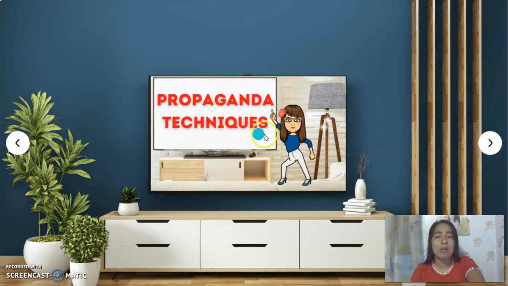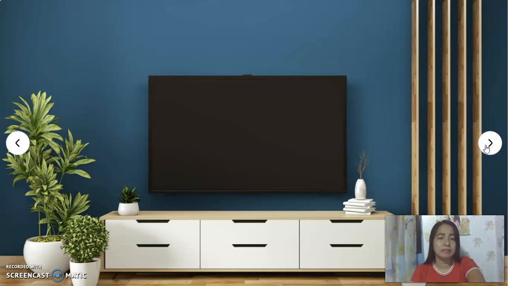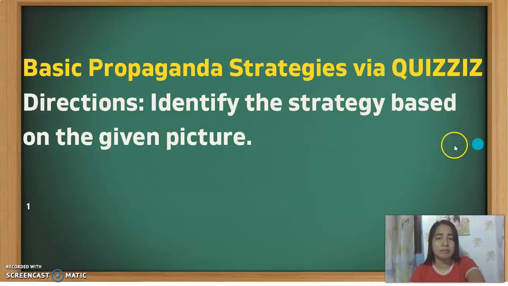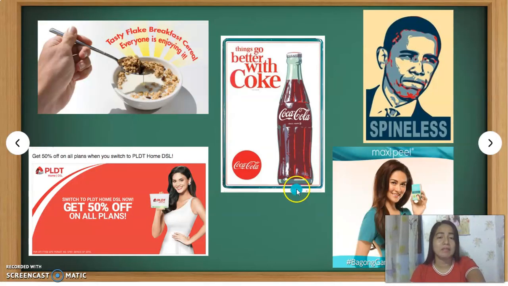Our topic is all about propaganda techniques. As I told you earlier, you are going to identify the strategy based on the given picture. These are some of the photos that you are going to identify.